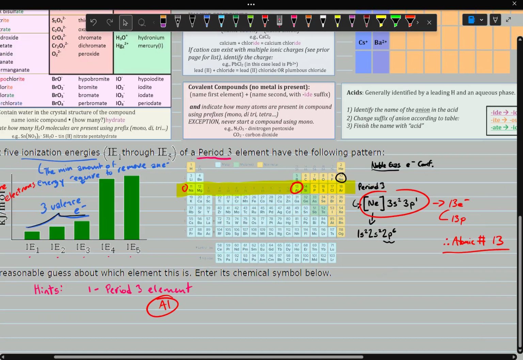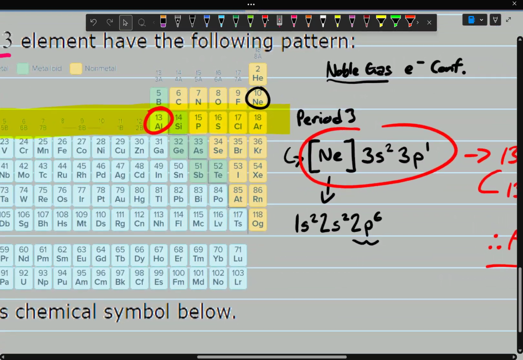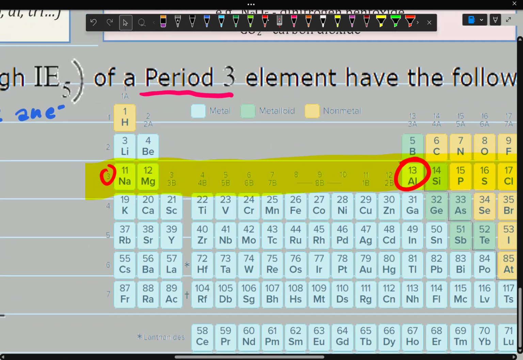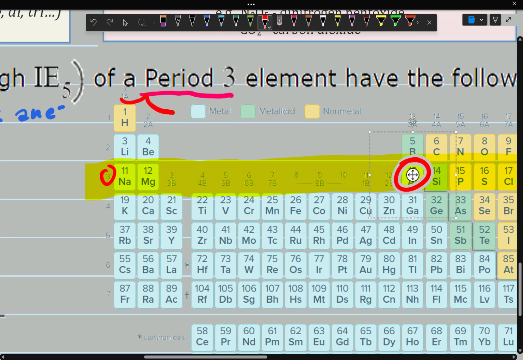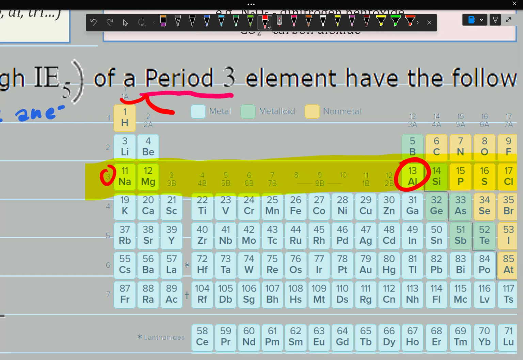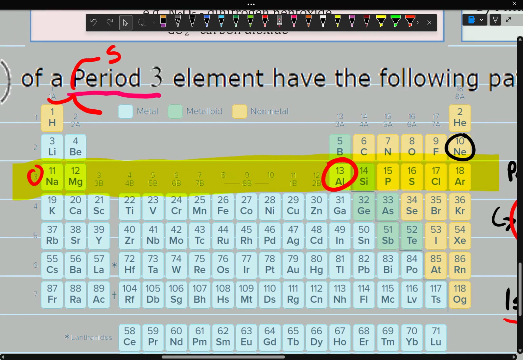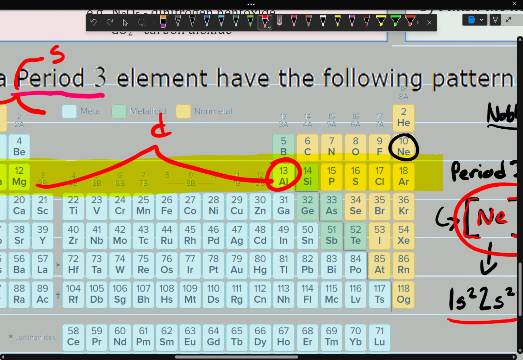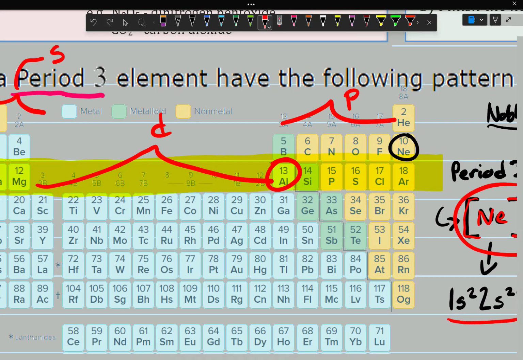And just to add on to this, just in case you didn't know what came after neon, so you don't have to write out the configuration of neon: in our last video, you'll remember that we talked about the different areas of the periodic table that correspond to different subshells. Groups 1 and 2 correspond to the s subshell. All of these groups correspond to the d subshell. And all of these groups correspond to the p subshell.